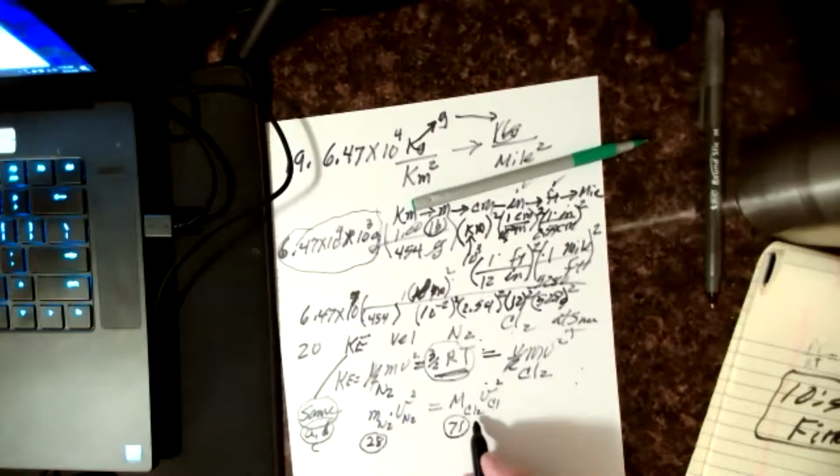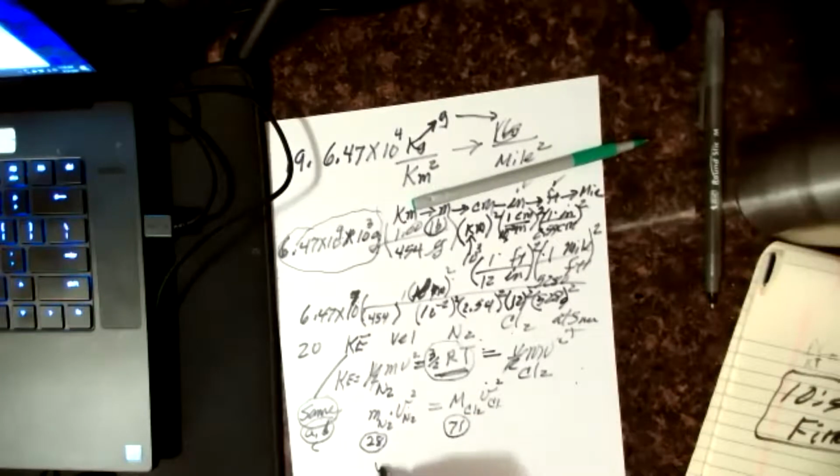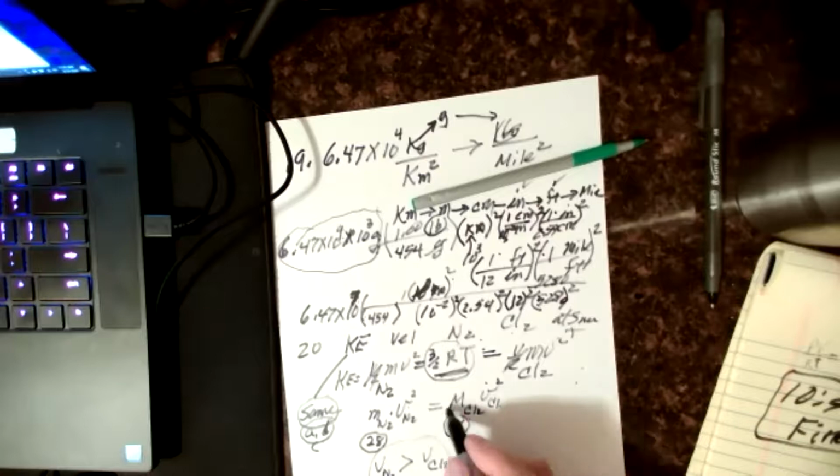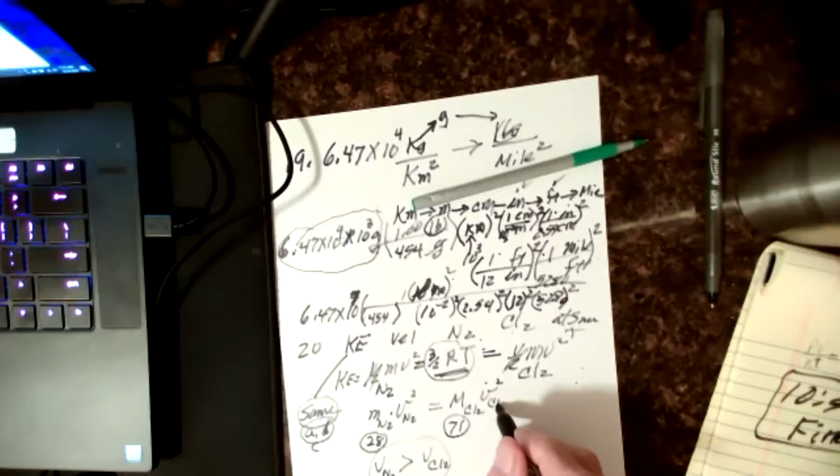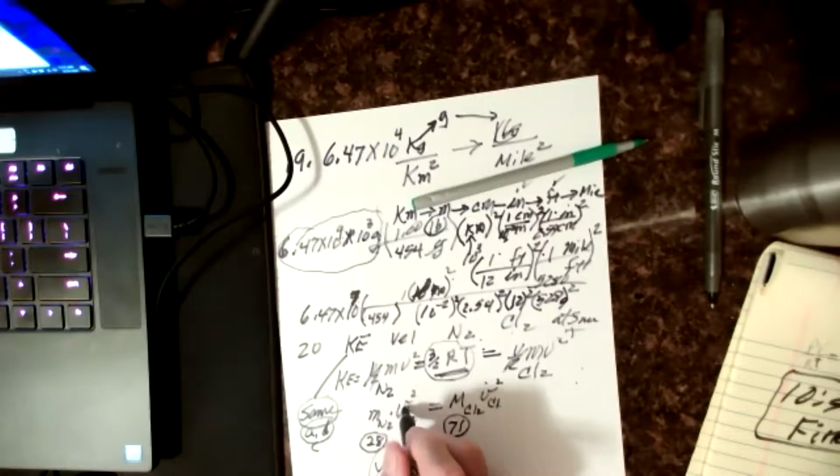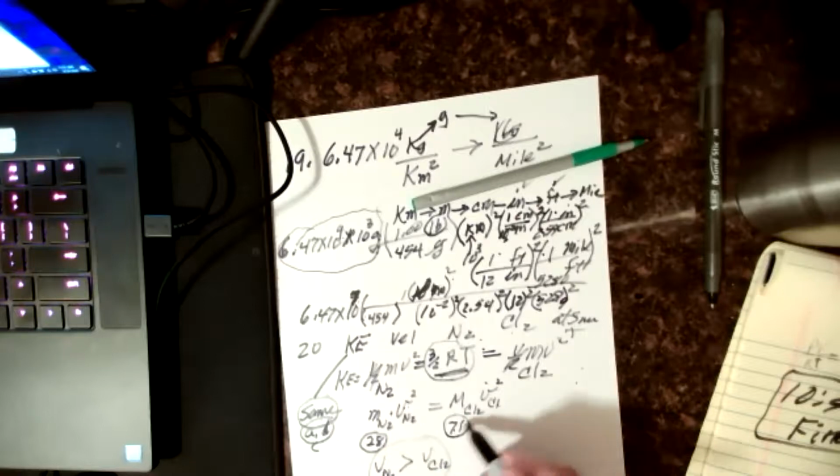So if these have to be equal to the same number, that means this V squared of nitrogen has to be greater than this one. So velocity of N2 has to be greater than velocity of Cl2 in order that this number times this number be the same as this number times this number. So since this is bigger, I would need a smaller velocity here.